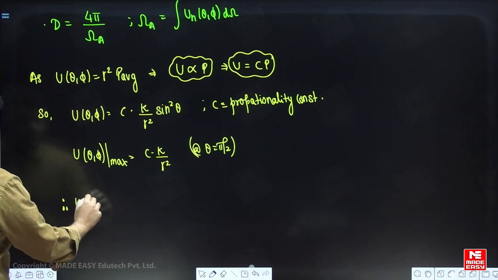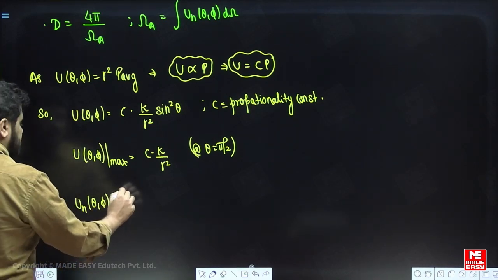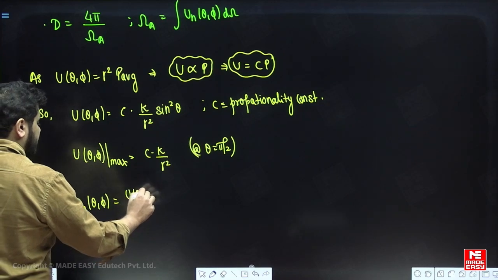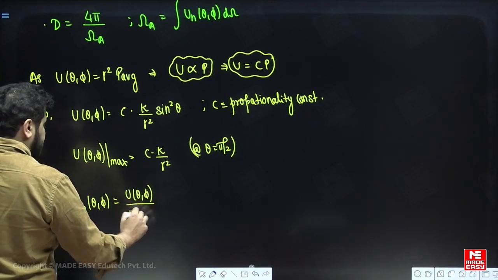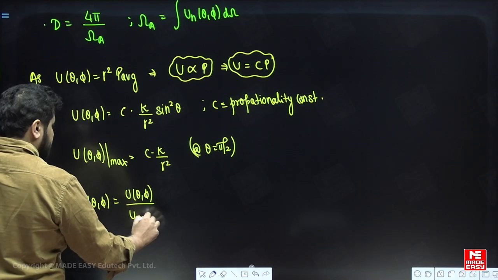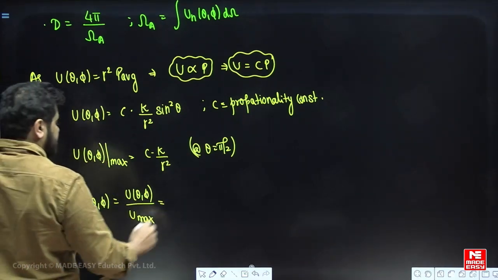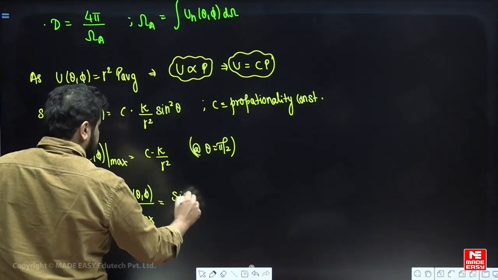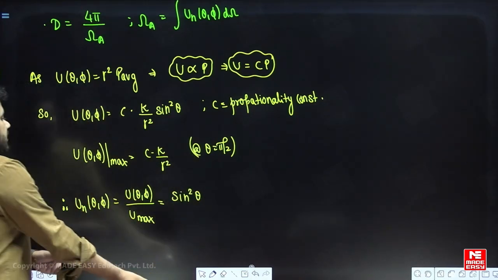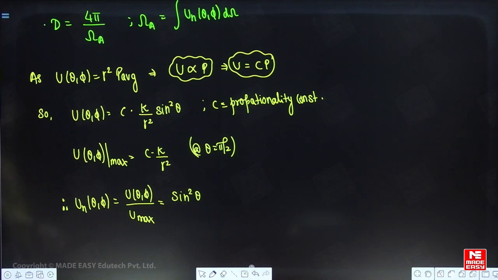Un(theta, phi) is equal to U(theta, phi) upon its maximum value, U max. So if you divide U(theta, phi) upon U max, this is nothing but your sin square theta, right, because all the terms are getting cancelled. So this is the value you are going to get.